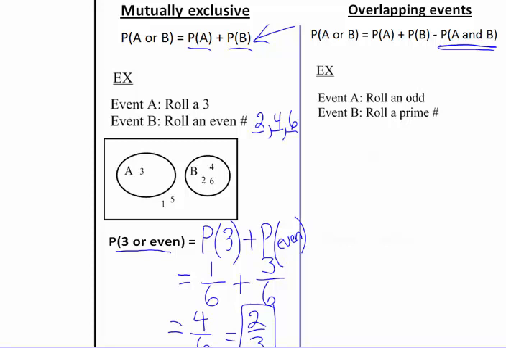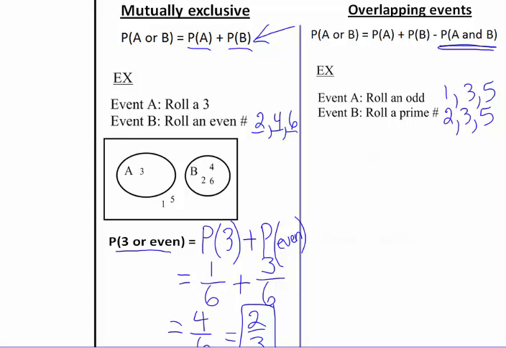Event A, rolling an odd number. So our odd numbers are 1, 3, and 5. So those are our odd numbers. Event B, rolling a prime number. Prime numbers are numbers that you can divide by 1 and itself, and that's it. So our prime numbers are 2, 3, and 5.